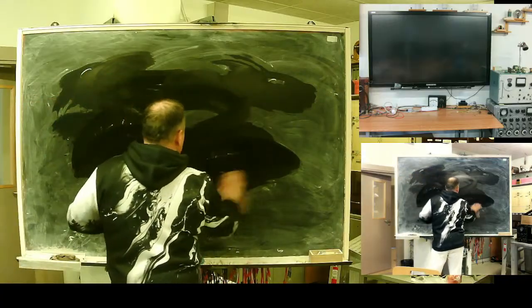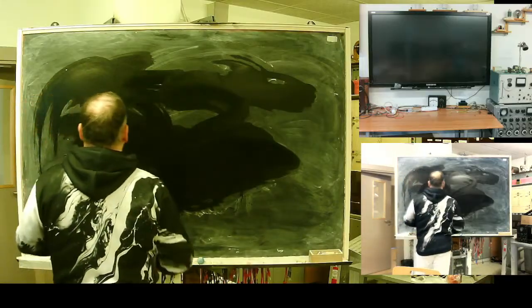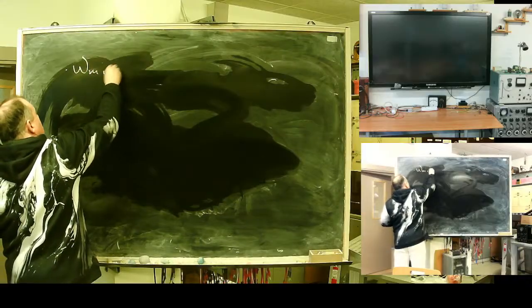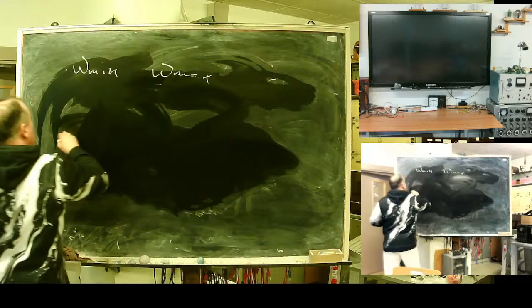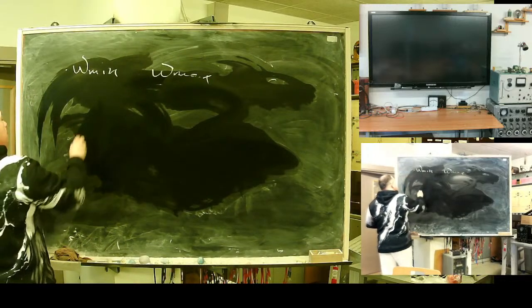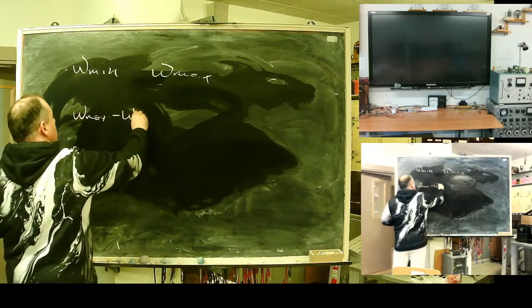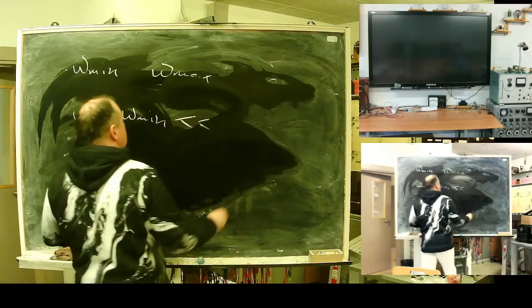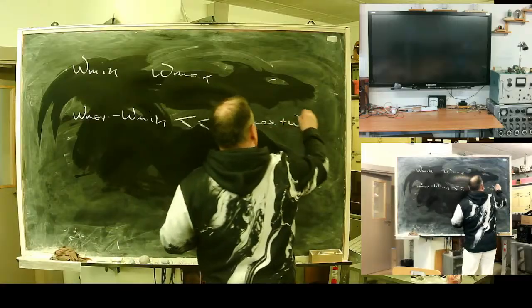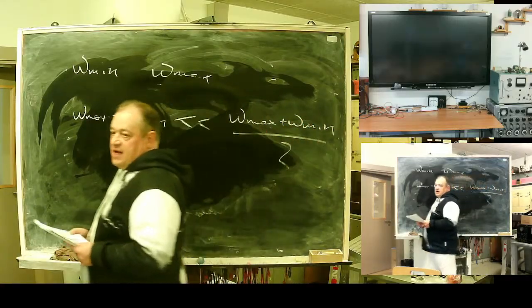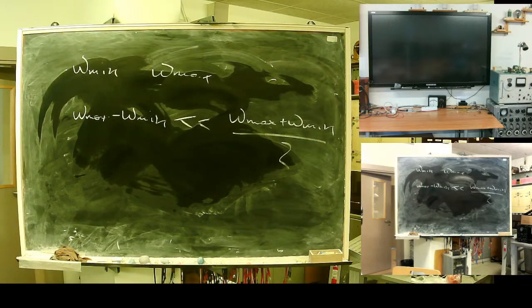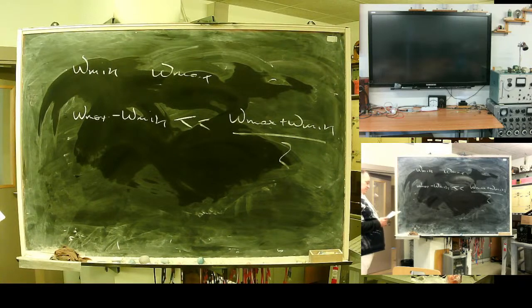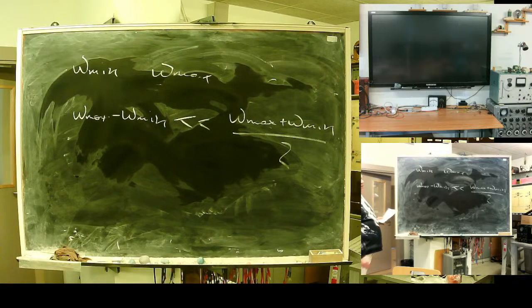Now, if we take a look at a signal with frequency range from omega min to omega max, in such a way that omega max minus omega min is much less than omega max plus omega min divided by two, meaning a narrow band signal, we will see something close to a harmonic signal with slowly changing angle.